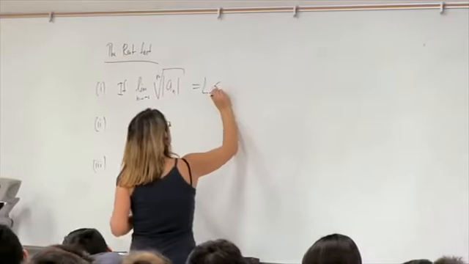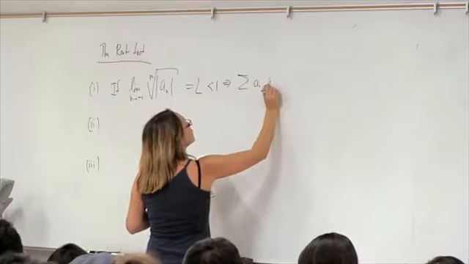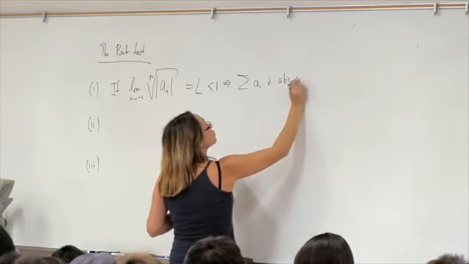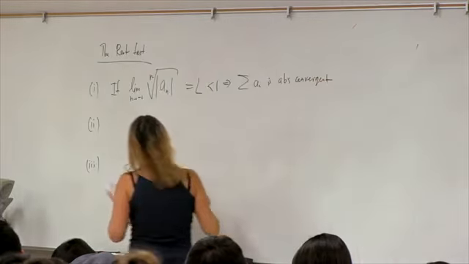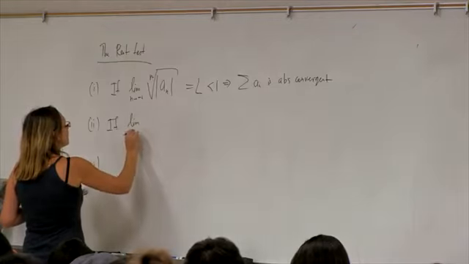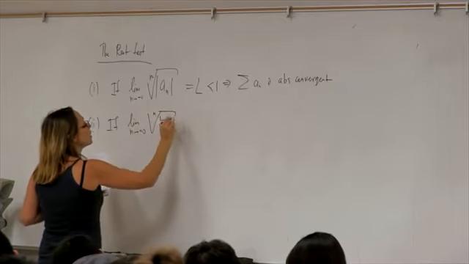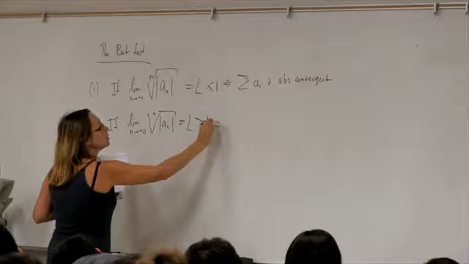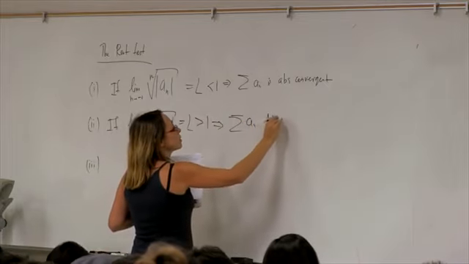So if this is less than 1, then the series of a_n is absolutely convergent. If this guy is greater than 1, then the series diverges.